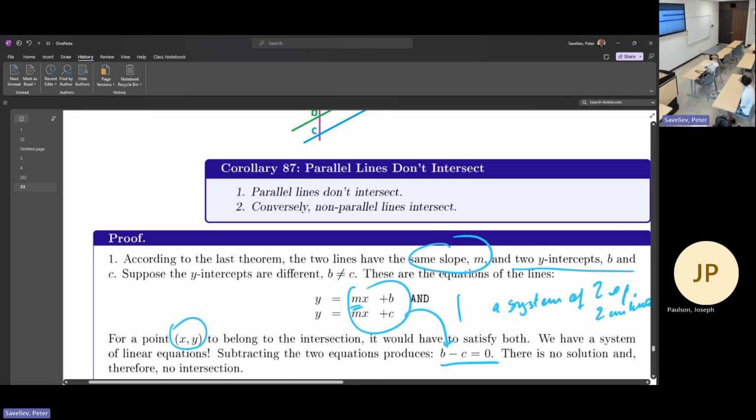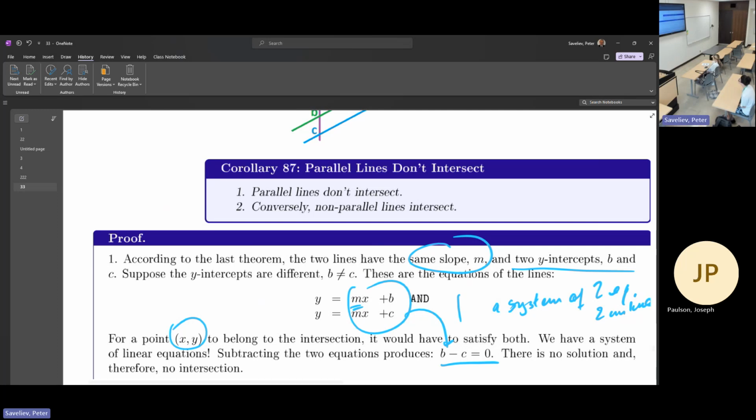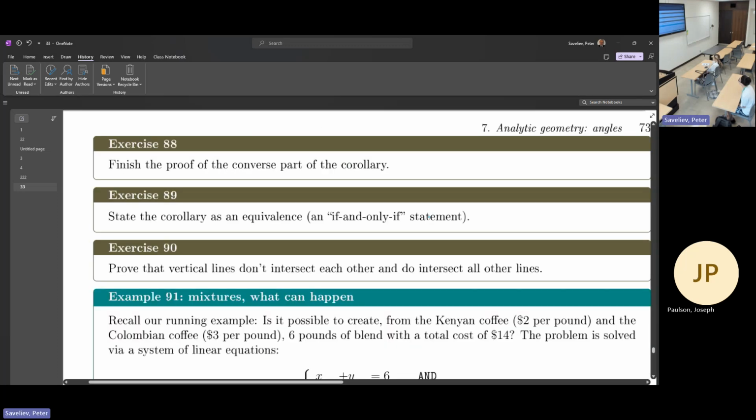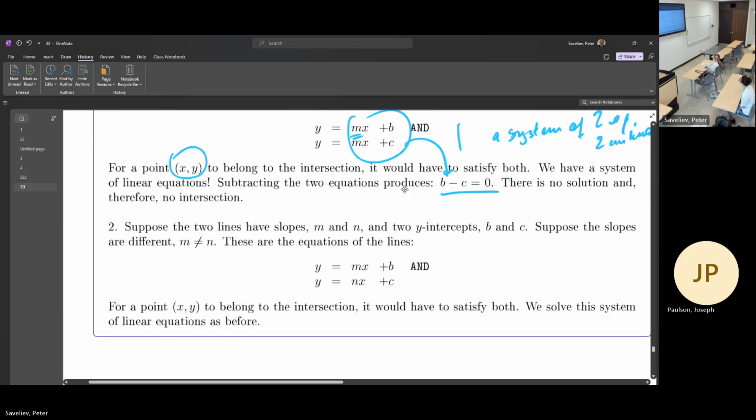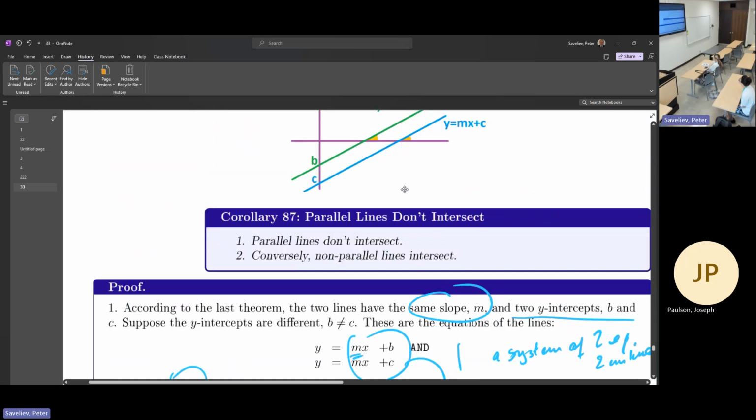The converse, or vice versa, if you prefer, that's another way to do it. If we have two parallel lines, they don't intersect.